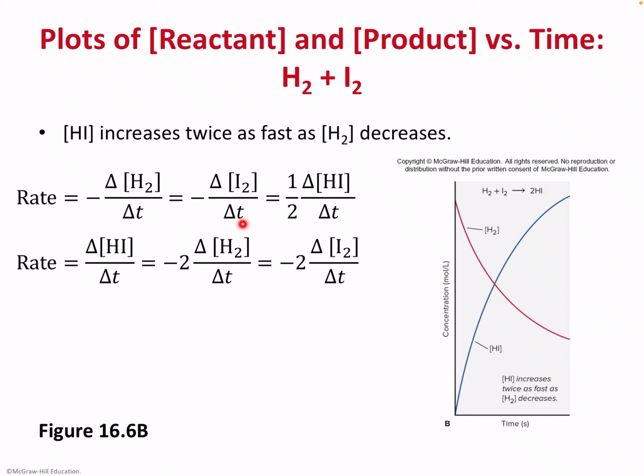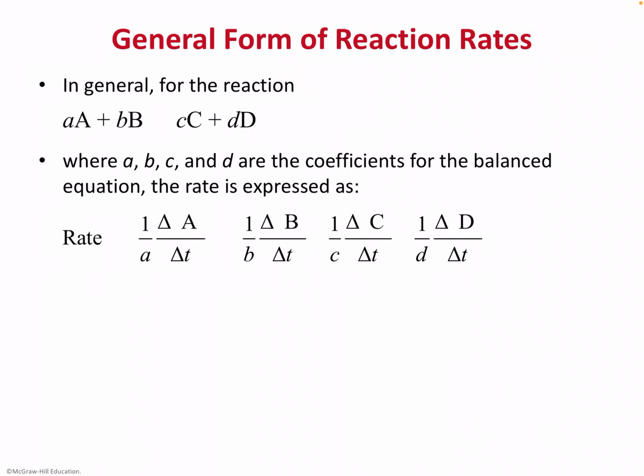Now we can show this in a generalized term like this. General form of reaction rate. Let's say you have aA plus bB giving you cC plus dD, and these little a, b, c, d represent your stoichiometric ratio or the molar coefficient.